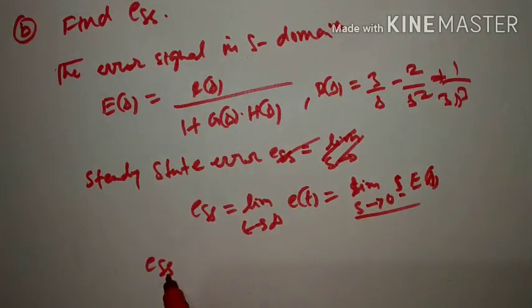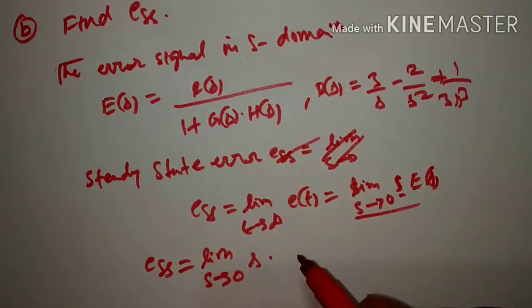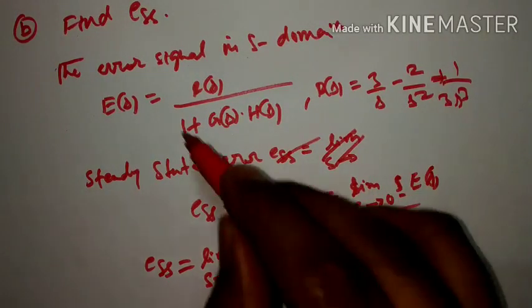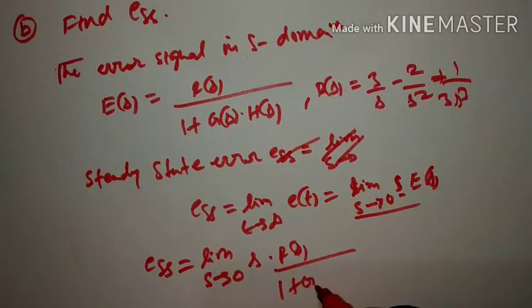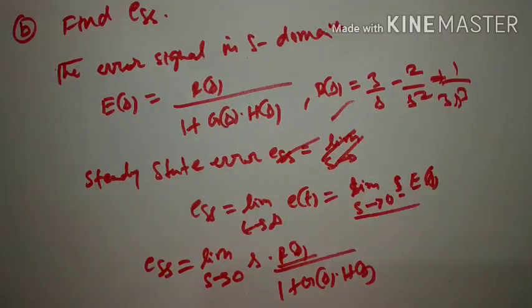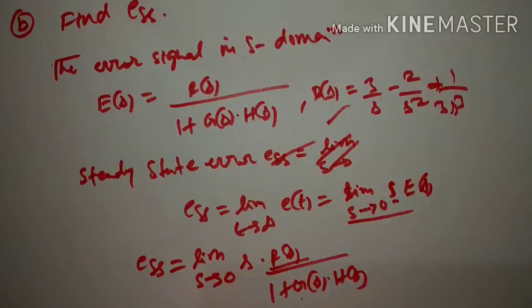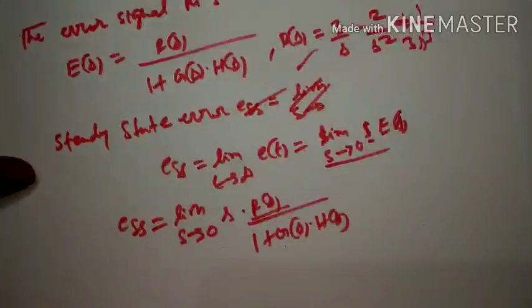What is E of S? E of S means R of S by 1 plus G of S into H of S. You know R of S, you know G of S. G of S is a transfer function, that is 10 into S plus 2 by S square into S plus 1. So your H of S is equal to 1. You substitute all the values, so you will get the steady state error.